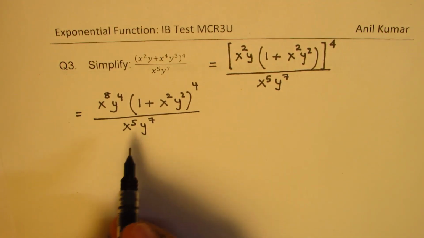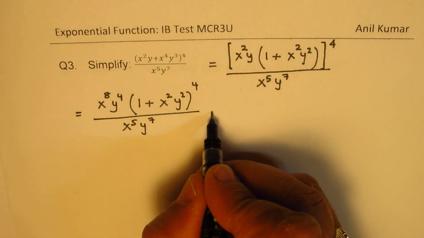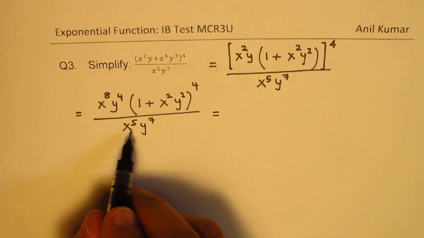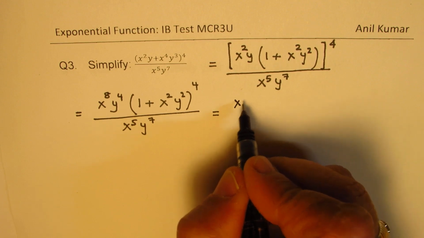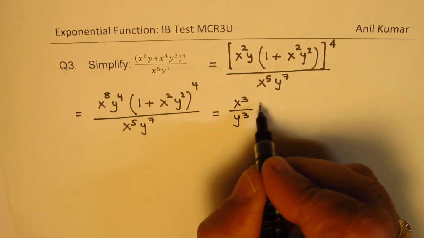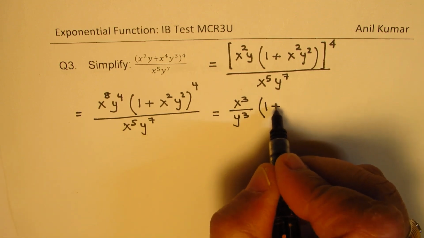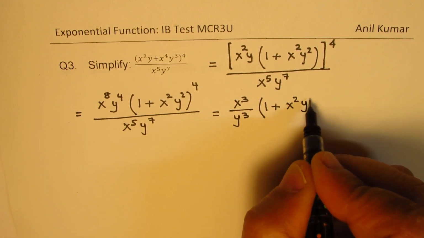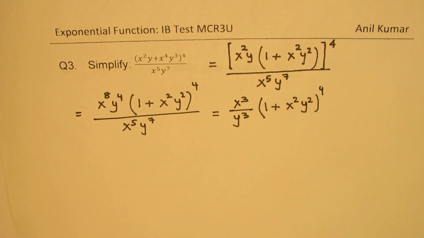Now we can take care of this part, which is we could write this as x to the power of 3 over y to the power of 3 with 1 plus x squared y squared to the power of 4.